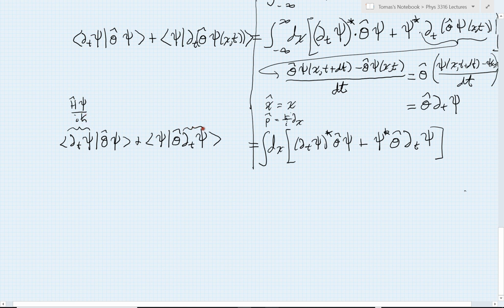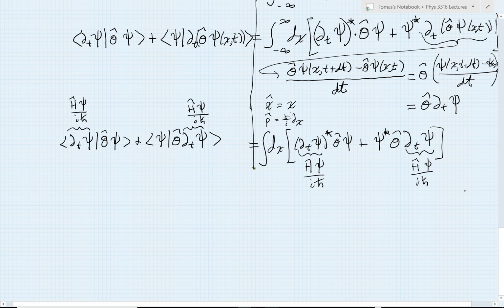And likewise, this time derivative will be the Hamiltonian acting on psi divided by this one factor of i times h bar. And I can, of course, make the same substitutions here, which I will do because I want to think about the math one last step here. And on this one, this will be replaced by Hamiltonian psi divided by i h bar.